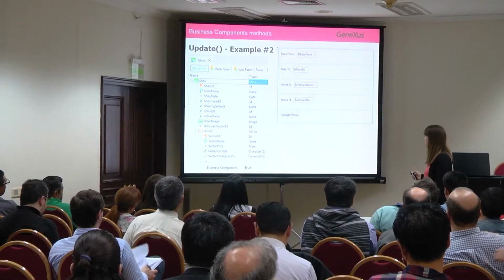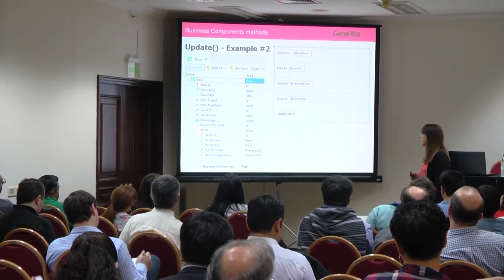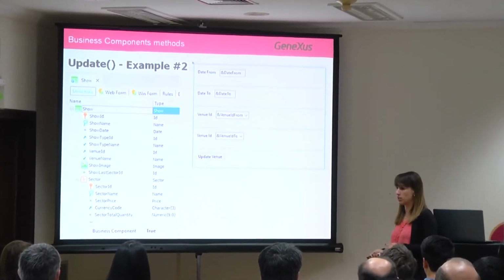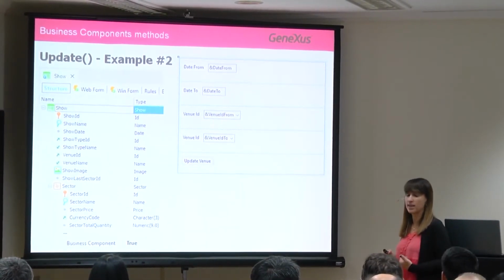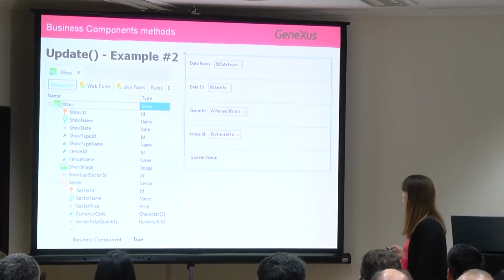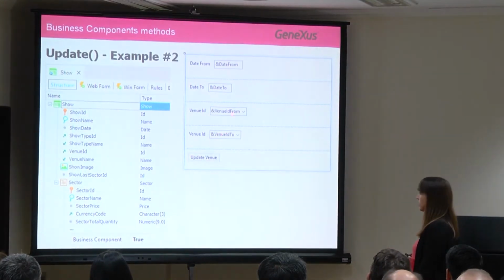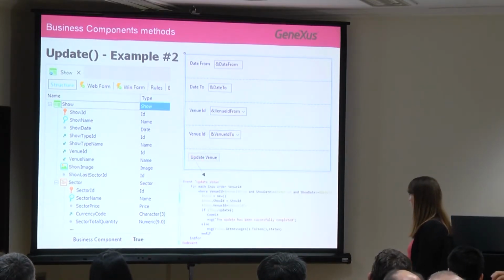Let's look at another example, another application that is going to be used in the registry and shows. It may happen that a place has to undergo construction work, and the place is going to be closed, so the shows have to be moved elsewhere. Here I have panels to put the place that will be closed, the date range, and the shows that have to be moved elsewhere.